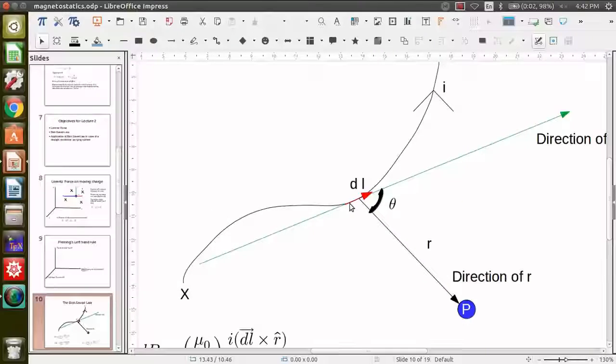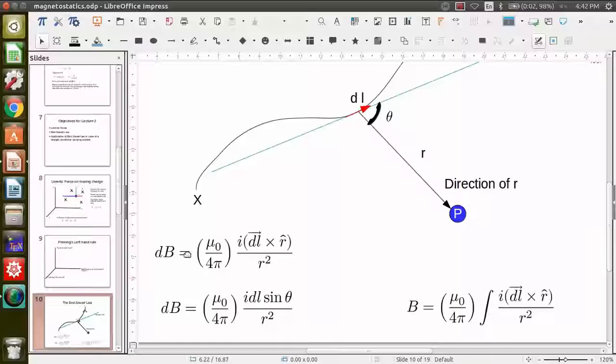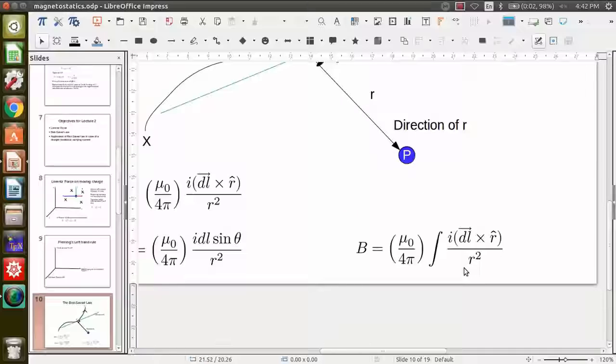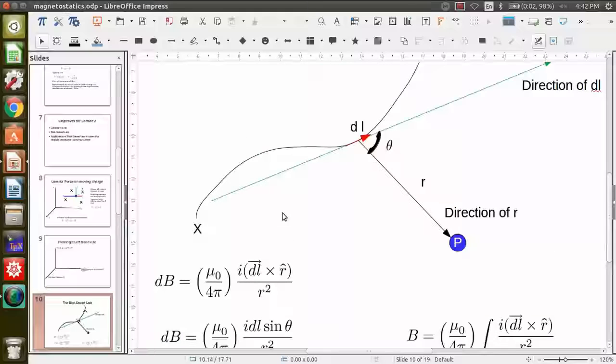So this is a cross product between this direction and this direction. Your total magnetic field will be given by the integration of I dl cross r-hat, where r-hat is a unit vector along this direction, divided by r squared. So dB is given by I dl sin theta, where theta is the angle between r and dl.